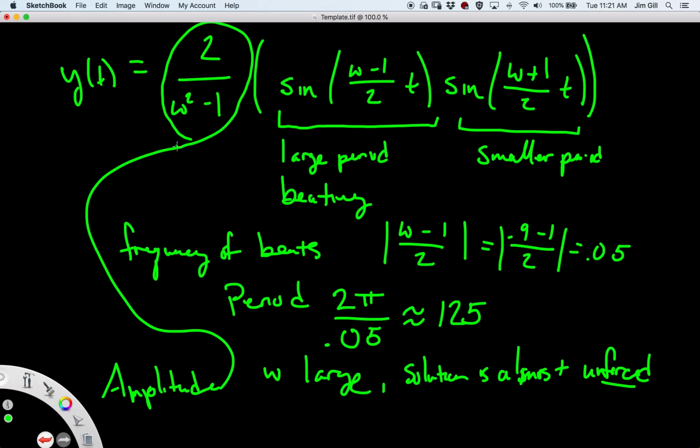Meaning that when omega is very large, this is a very small number here, and we don't get a lot of oscillation. When omega, however, is close to 1, we get a large amplitude of beating.